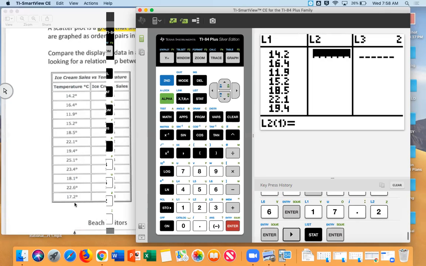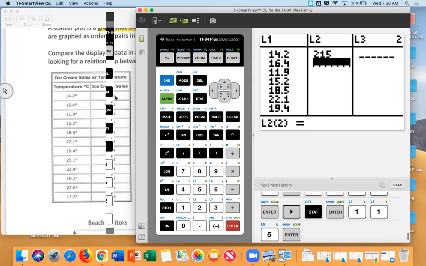Okay, thank you. Now, once you've done that in L2, this is our Y column. We're going to type in the second column, but make sure that your numbers match up. So notice 14.2 matches up with 215. So I need to make sure that that still pairs up.